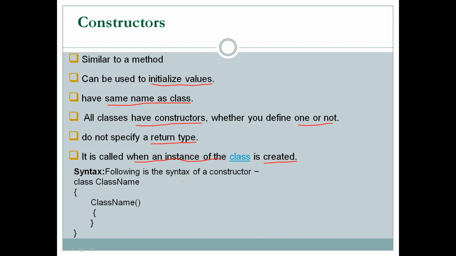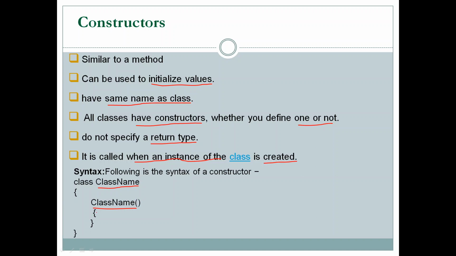The syntax of a constructor is given here. For example, if you have a class with the name class name, then we should declare a constructor with the same name, that is class name, and it may take any number of parameters.